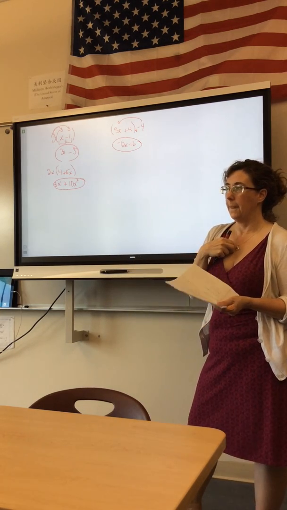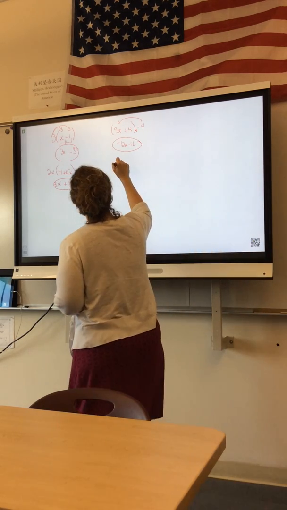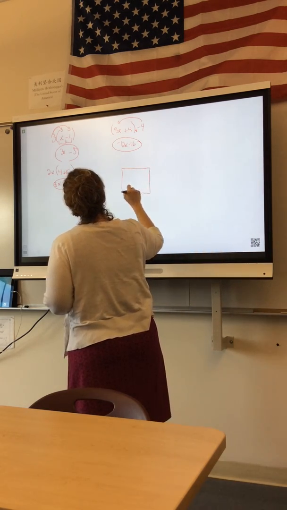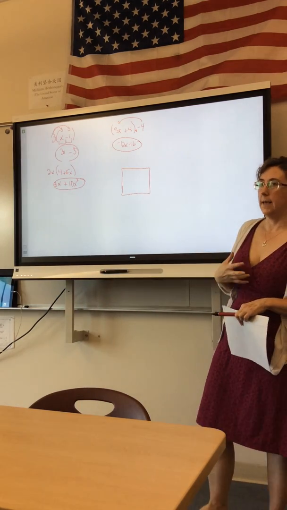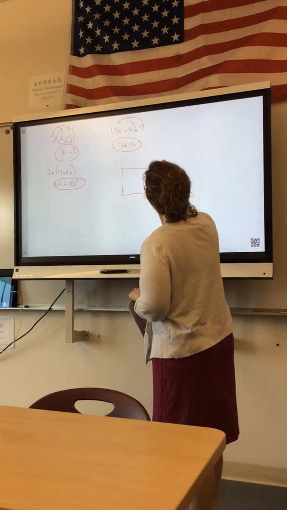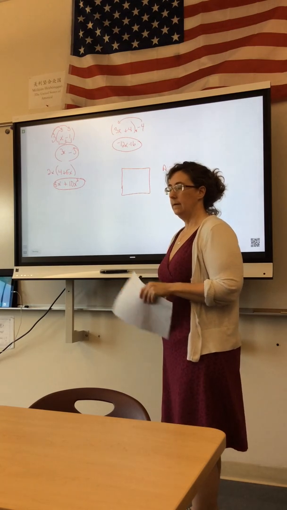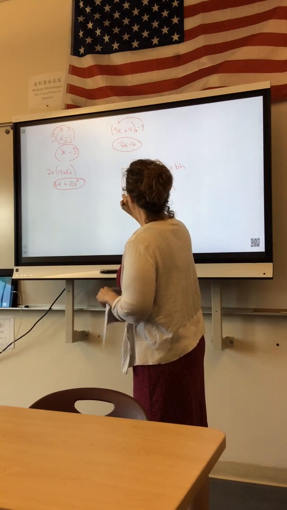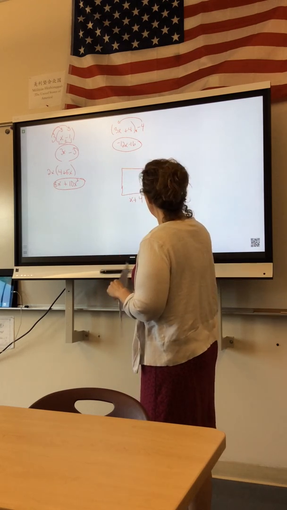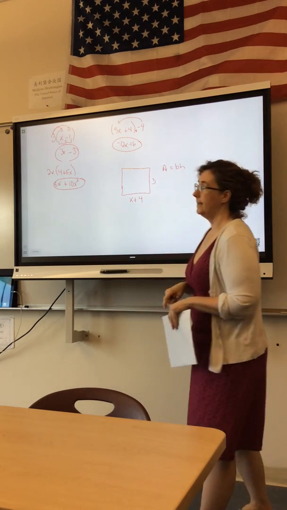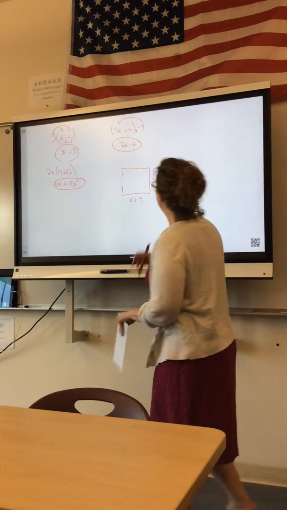You can use the distributive property as well when you're looking for area. The area of a rectangle is base times height. So if I have a rectangle where that side is x plus 4, and that side is 3, the area is base times height.